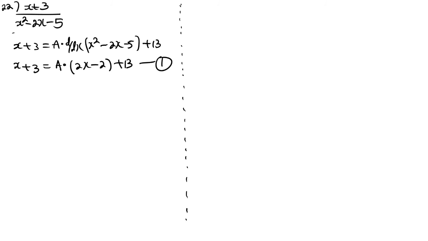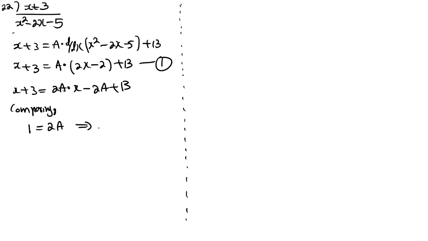Take it as equation 1. So x plus 3 equals 2a into x minus 2a plus b. Comparing, first compare the coefficient of x. The coefficient of x here is 1, equal to 2a. This implies a value is equal to 1 by 2.